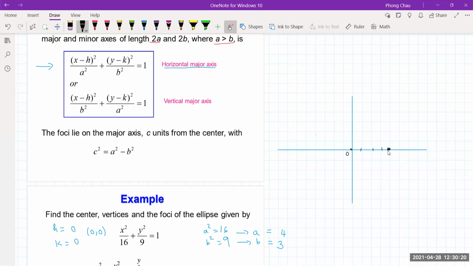So that will be a point, and this is actually the vertex. Okay, 1, 2, 3, 4. So at (-4, 0), I have another vertex. So that is really your V1 and that's your V2, the vertices. And then b is 3, I move up 3, 1, 2, 3, and down 1, 2, 3.